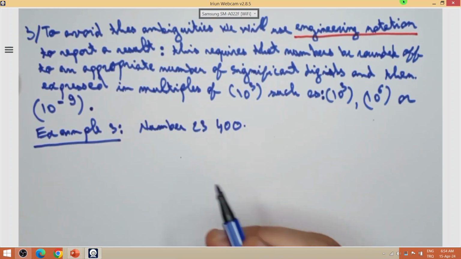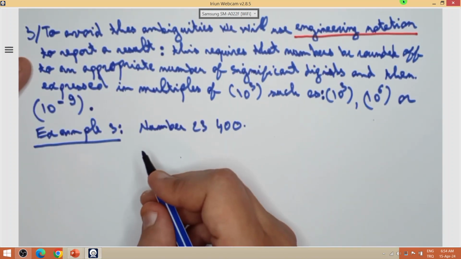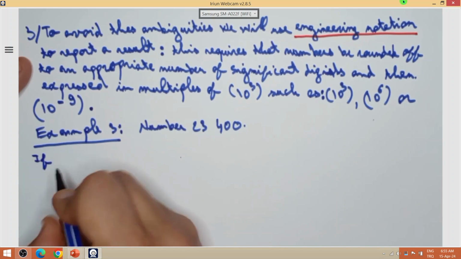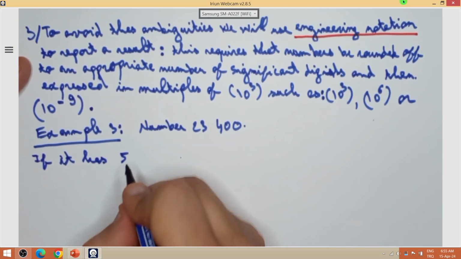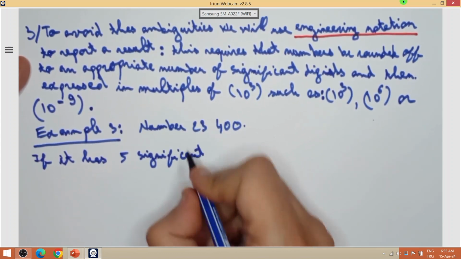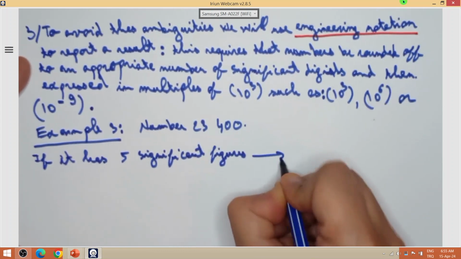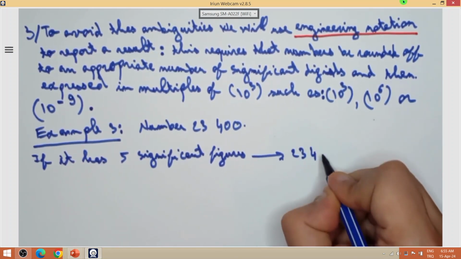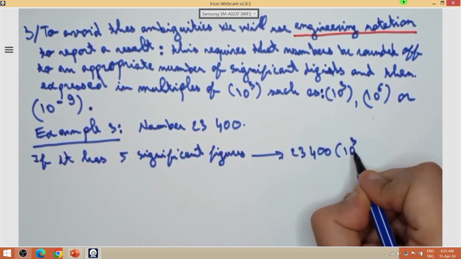If this number, 23,400, has 5 significant figures, we can write it as 23,400 times 10 to the power 3.